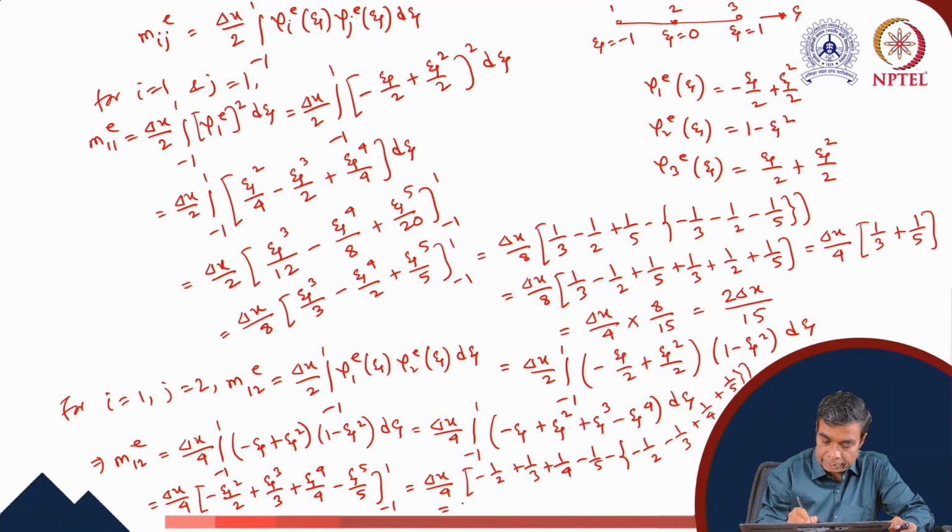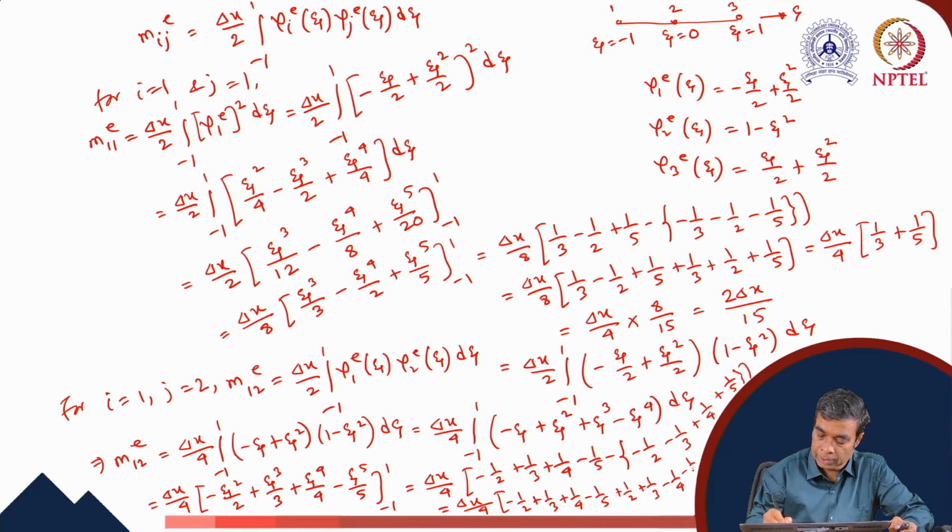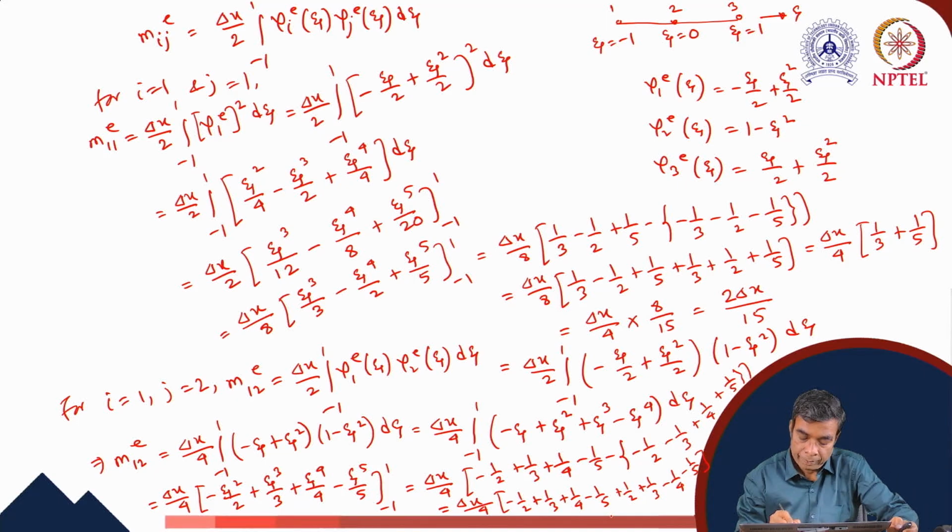This we can write as Δx by 4 into minus half plus 1/3 plus 1/4 minus 1/5 plus half plus 1/3 minus 1/4 minus 1/5. So here we see that plus 1/4 and minus 1/4, minus half and plus half, they cancel out. We are left with 1/3 two times and minus 1/5 two times.